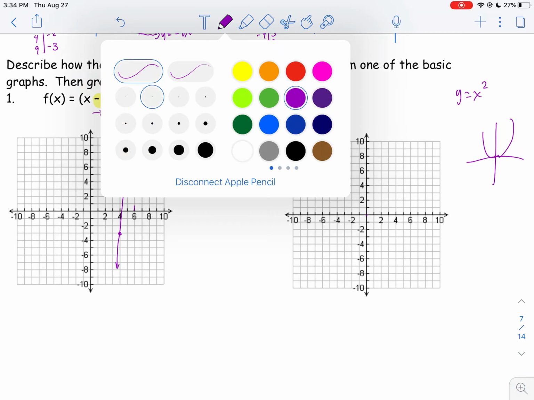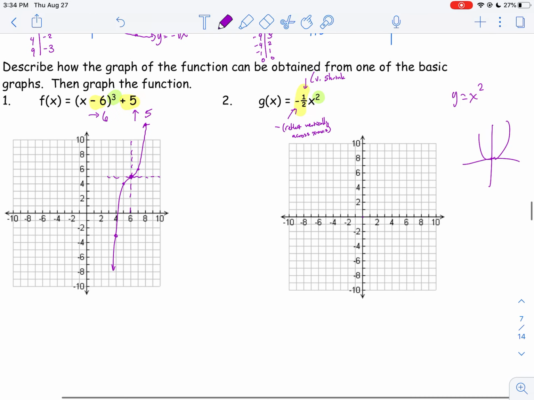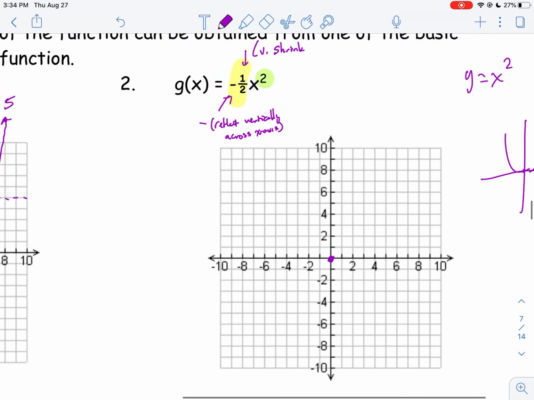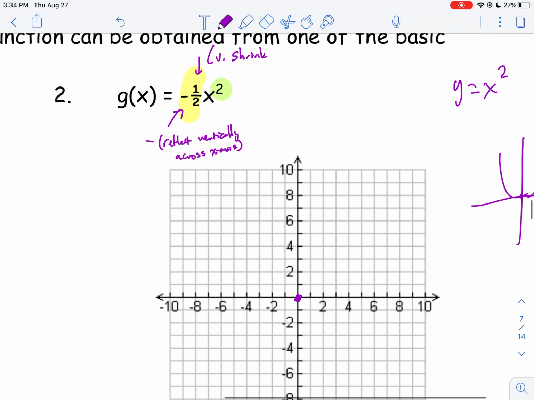I didn't shift anything anywhere. Now, normally I would go over 1 and up 1, right? But now I'm reflecting vertically, so I'd go over 1 and down 1, but the 1/2 shrinks it half as tall. And it's going to be the same on both sides.